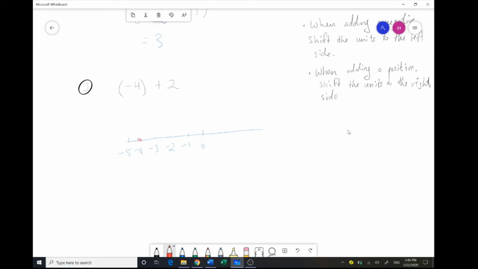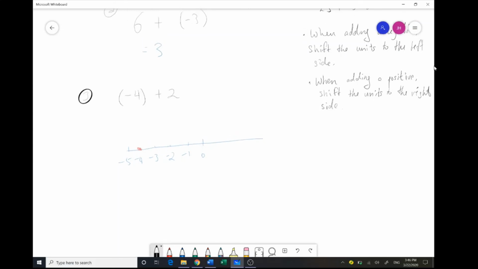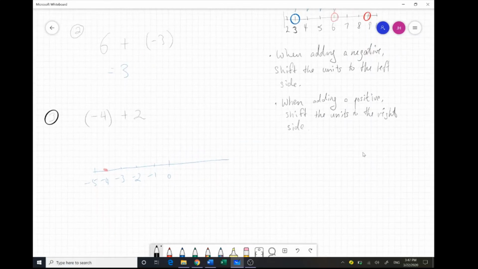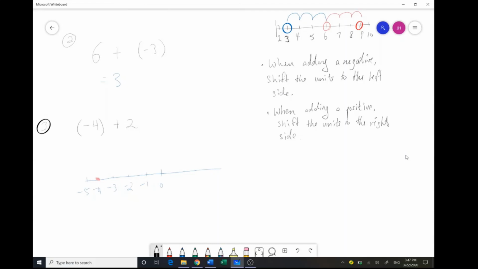Again, I am adding a positive number. Okay, sorry about that. Let me complete the notes. Negative numbers, and the positive numbers over here.